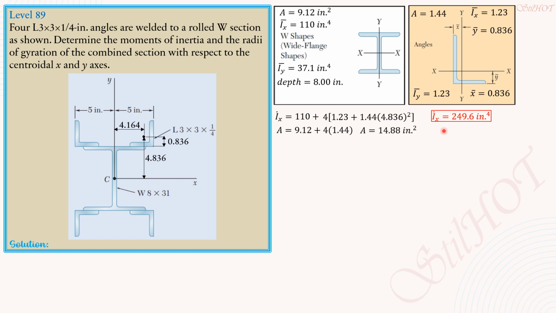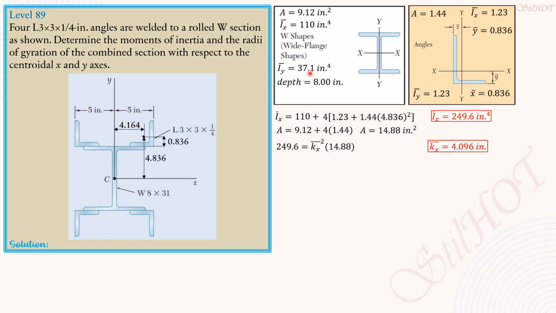Then I barred x equals k barred x square times area. So 249.6 equals k barred x square times area, which is 14.88. So we can compute k barred x, which is equal to 4.096 inches.